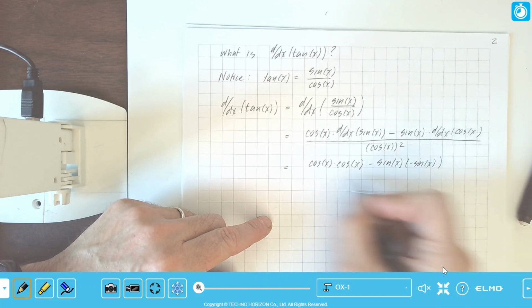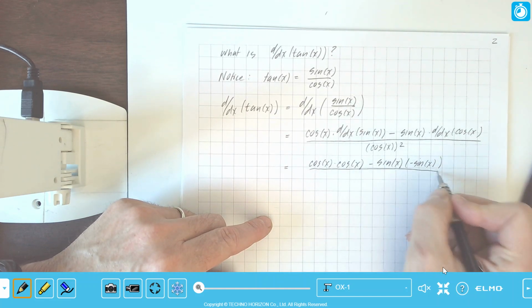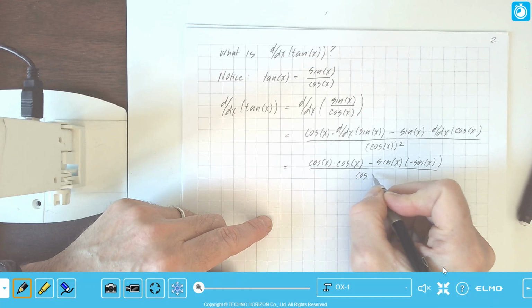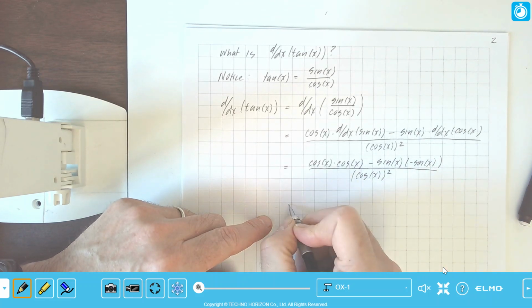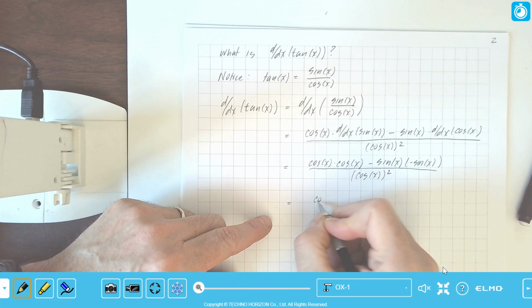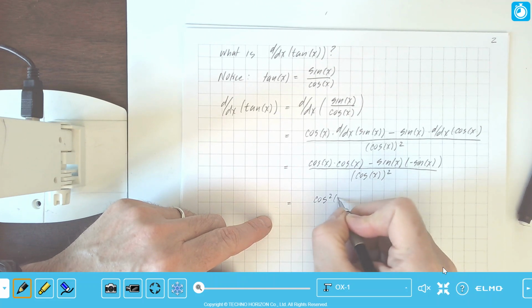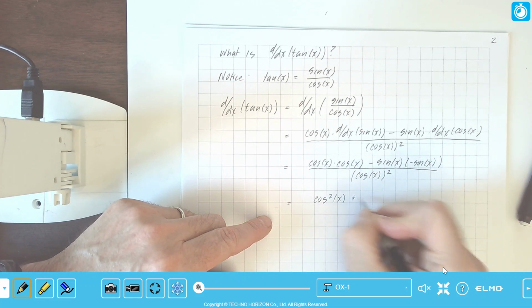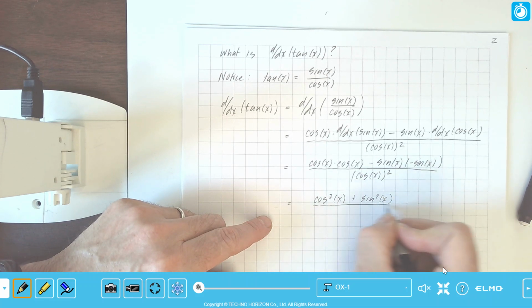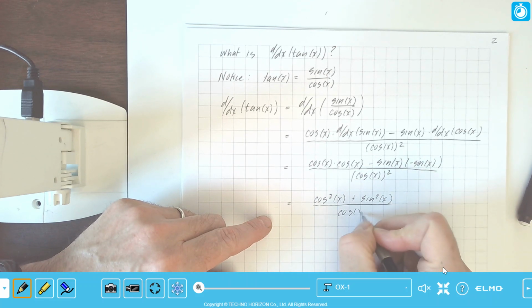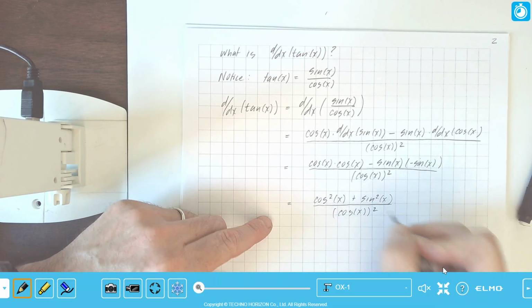And I can see the negative and negative combine to make a positive in the next step. That's all over the cosine of x quantity squared. So what do we get? We get cosine squared of x plus sine squared of x all over the cosine of x quantity squared.